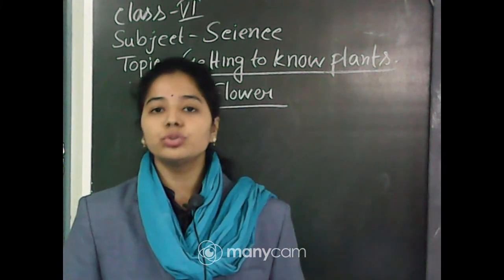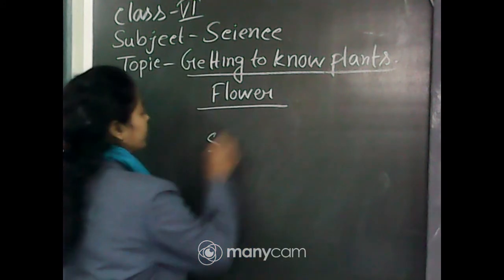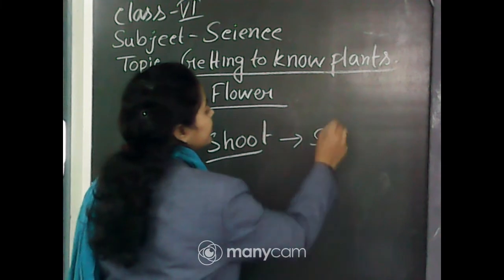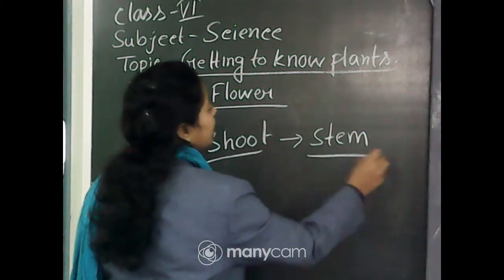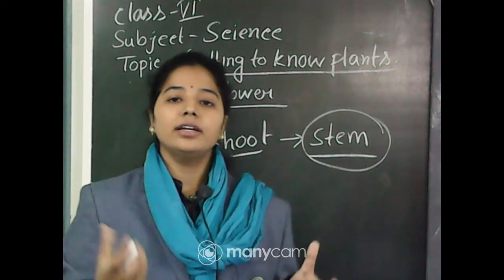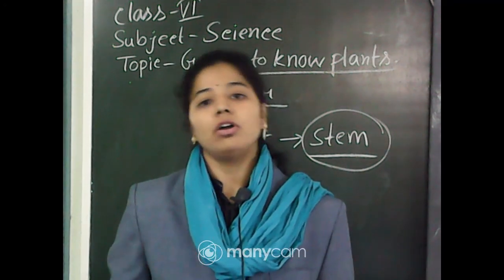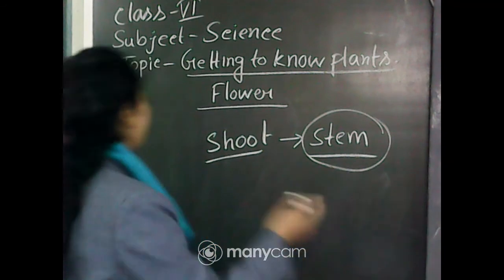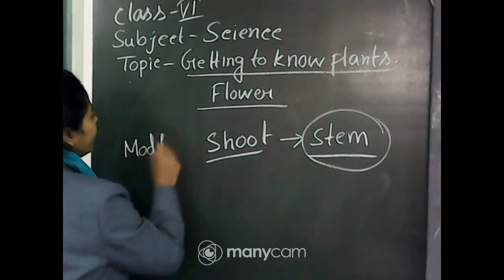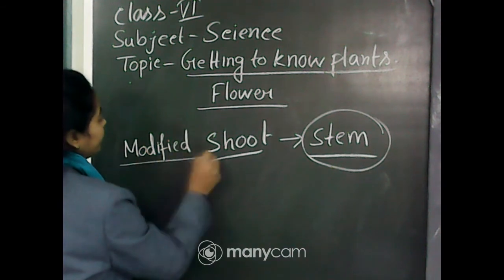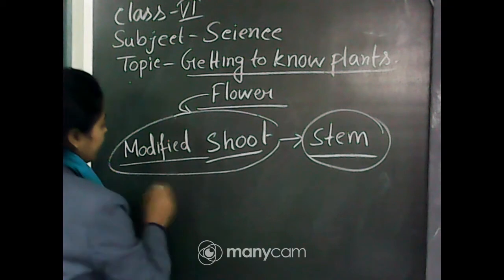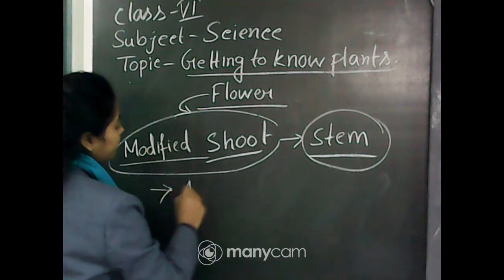Shoot means the growing stem, which is modified to become a structure called a flower. So, we can say this flower is a modified shoot. Flower is also called a modified shoot, and this is the most attractive part.